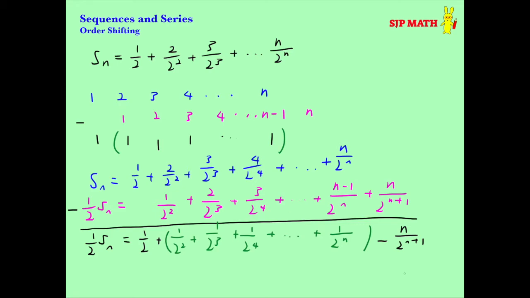And what we've got here is a geometric sequence with a power of 2 on the denominator and a constant term on the numerator, meaning that this is a geometric sequence. And now you can use the formula that you know. So we're going to plug that in.